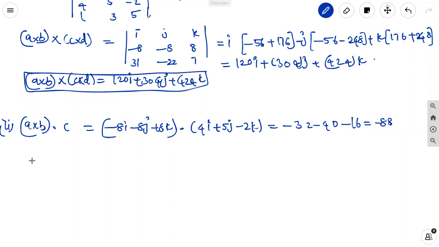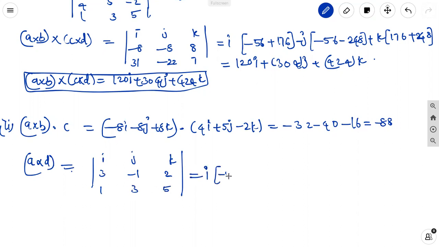Next, to find out A cross D dot B. Here we didn't find the A cross D. So A cross D equal to determinant i, j, k. A is 3, minus 1, 2. D is 1, 3, 5.